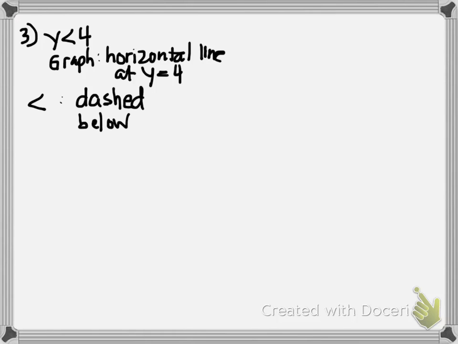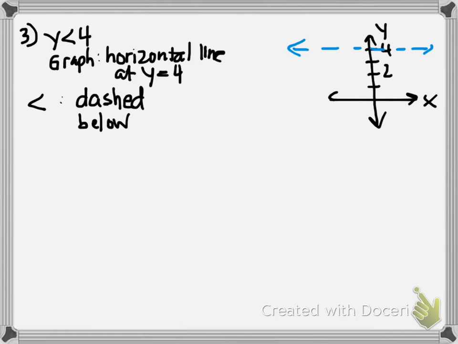So again, real easy to set up my graph. This time I'm not going to make any marks on my x-axis. Label at least every other one. And I'm going to do a dashed line through y equals 4. And remember, it's a line, so I should see those arrow caps.